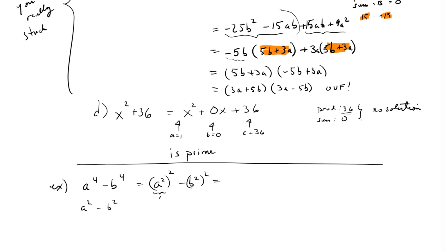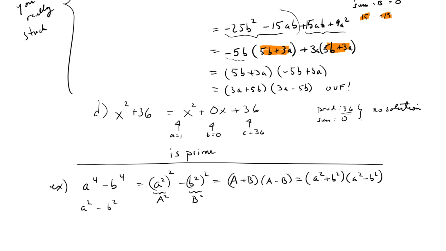It's just that this is kind of like big A squared minus big B squared, where big A is little a squared. So that's going to give me, okay, let's do it slowly here. I'm going to get A plus B times A minus B, but big A is actually little a squared. So that's little a squared plus little b squared times little a squared minus little b squared.